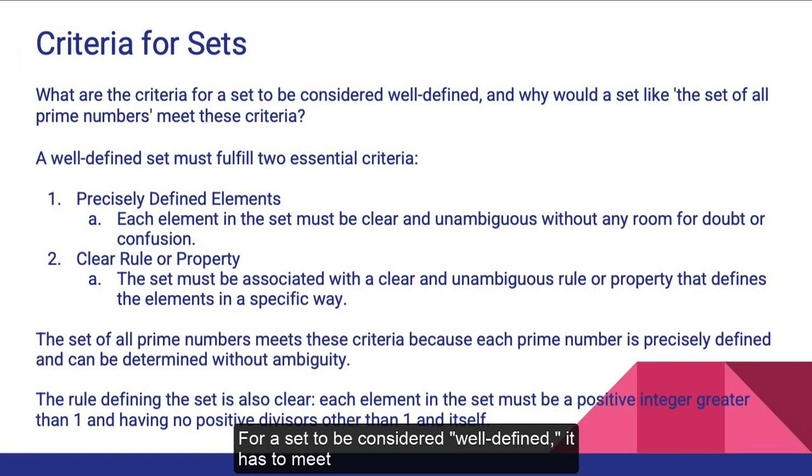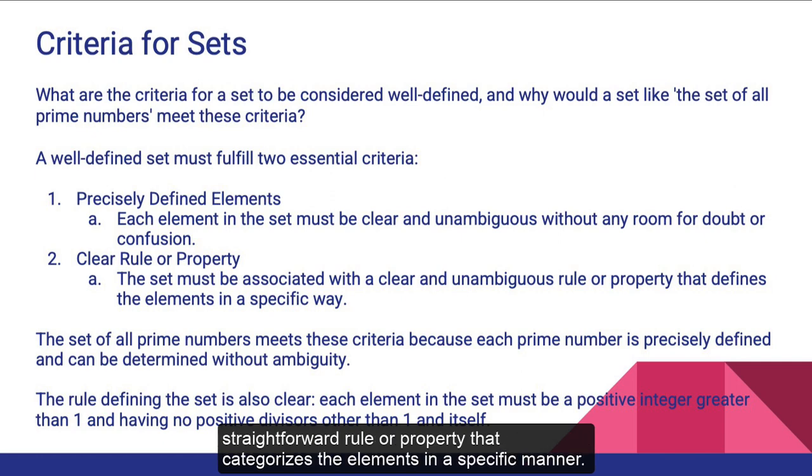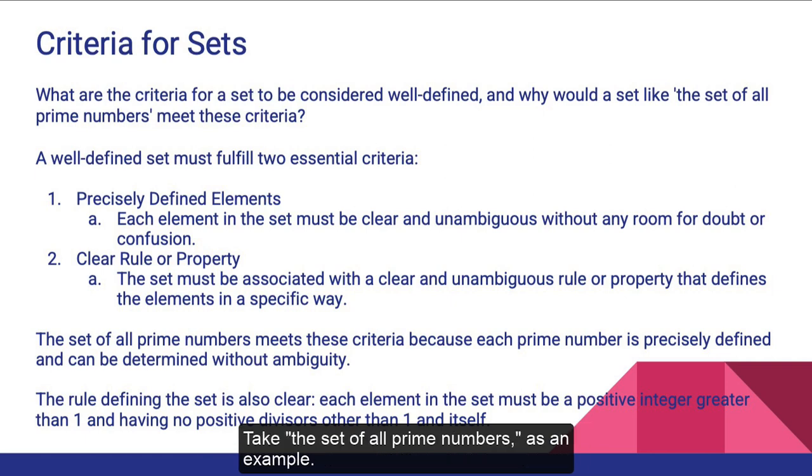For a set to be considered well-defined, it has to meet two main criteria. First, every element within that set needs to be described clearly so there's no confusion about what belongs and what doesn't. Second, there has to be a straightforward rule or property that categorizes the elements in a specific manner. Take the set of all prime numbers as an example.